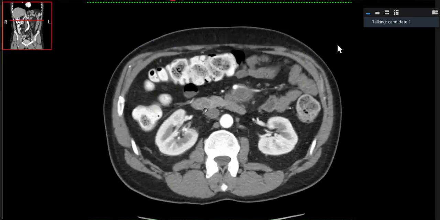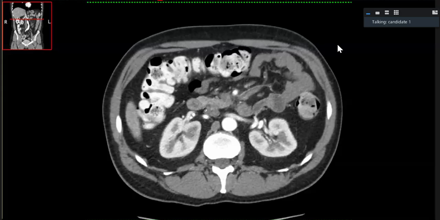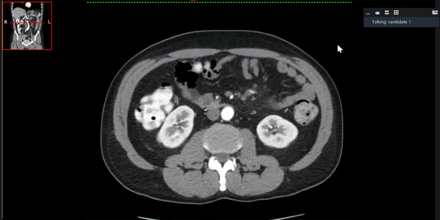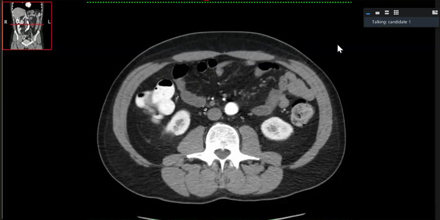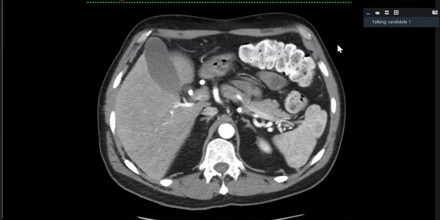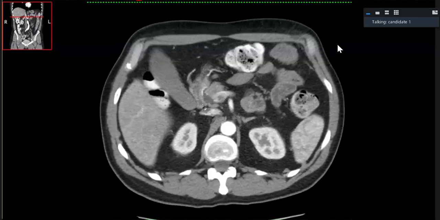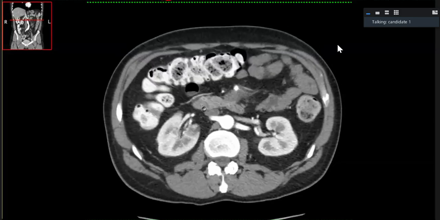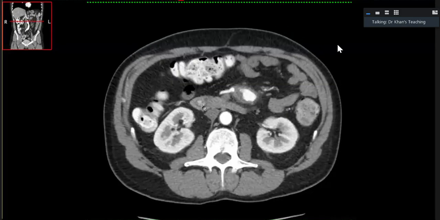I think this is an arterial phase, but it's the cortical phase of the kidney. This is cortical phase, maybe. Okay, just give me the final diagnosis.